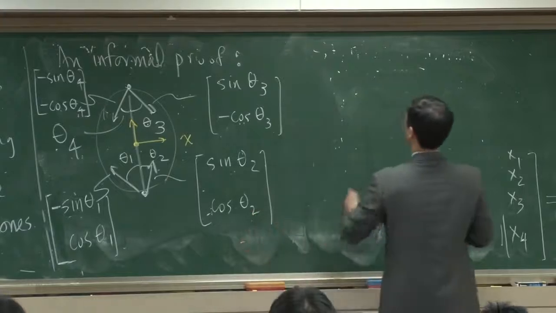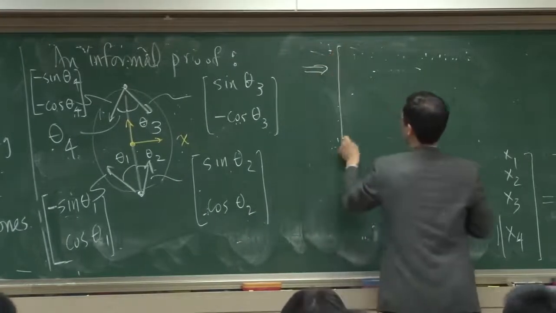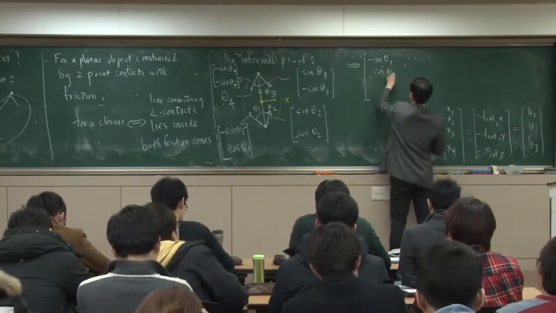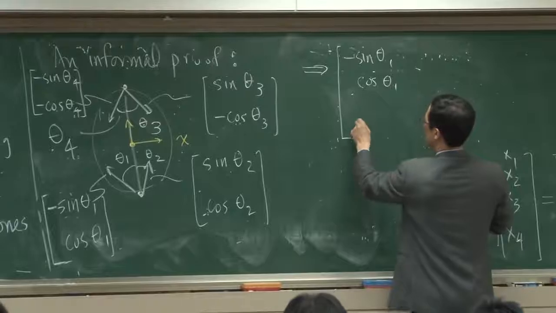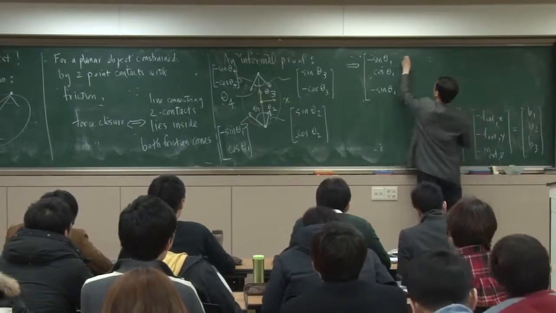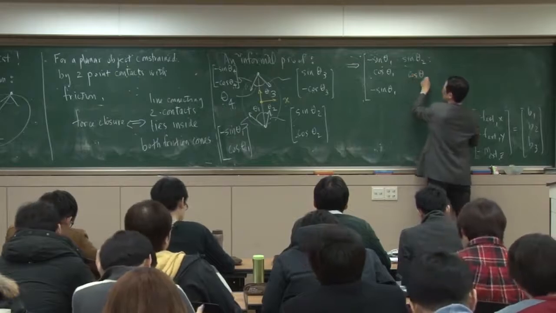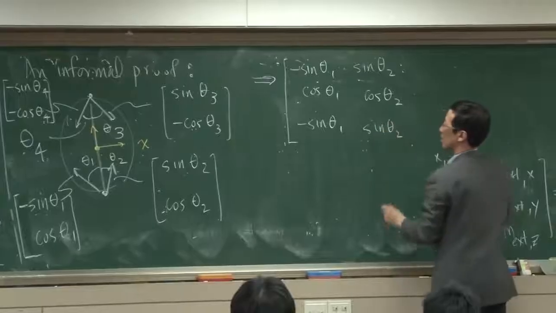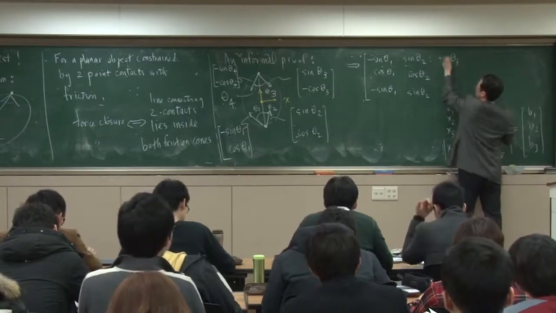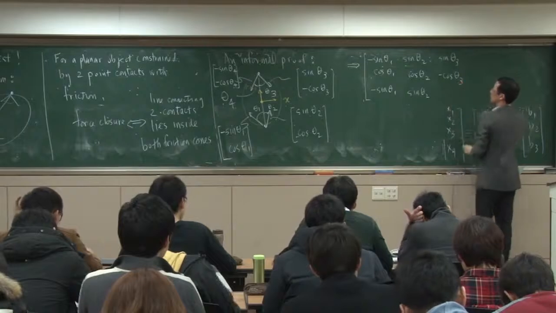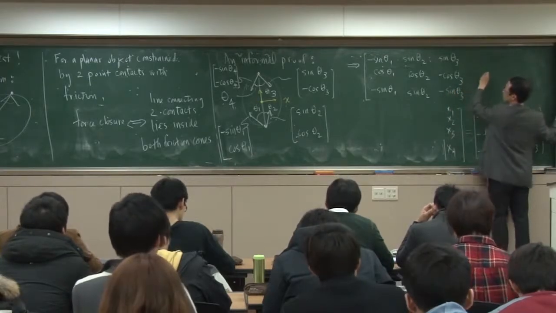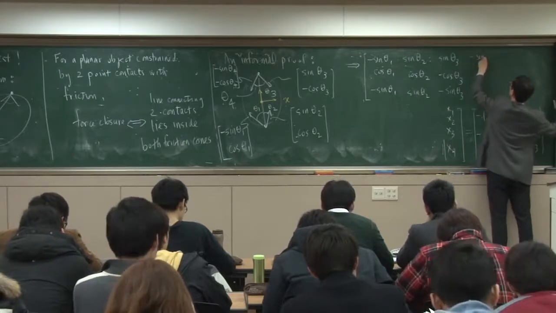Ultimately we get a matrix equation with columns such as minus sine theta 1, cosine theta 1, and over here, if you calculate the moment, minus sine theta 1, and similarly for the columns for theta 2, theta 3 and theta 4.